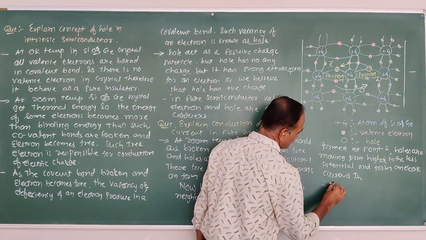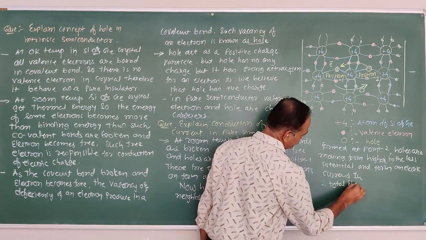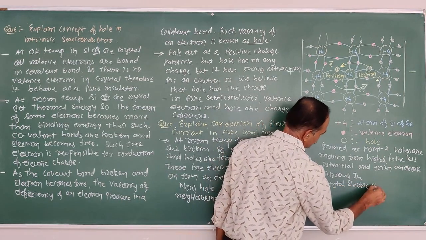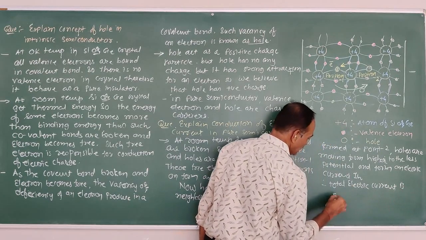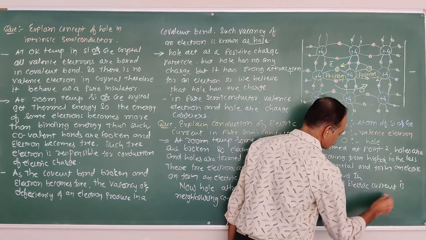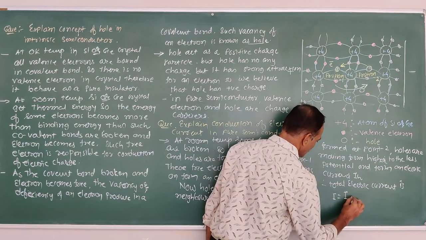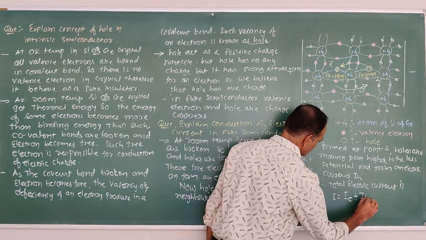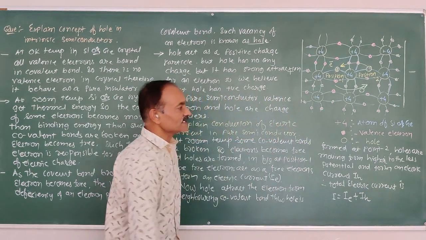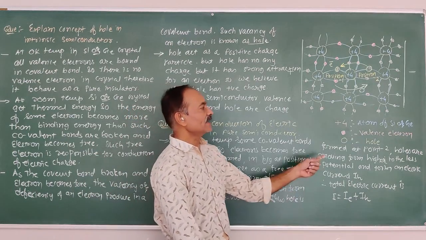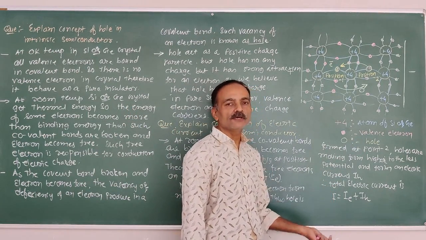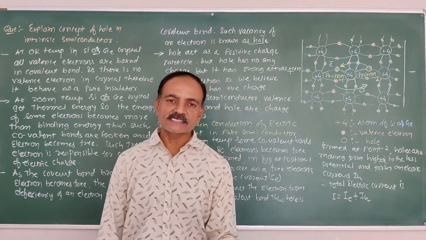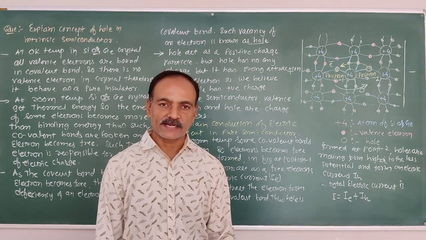Therefore, the total electric current is I equal to IE plus IH. Thus, in pure semiconductor, the electric current is formed due to the motion of free electrons and also the motion of holes. That means the motion of a bound electron.